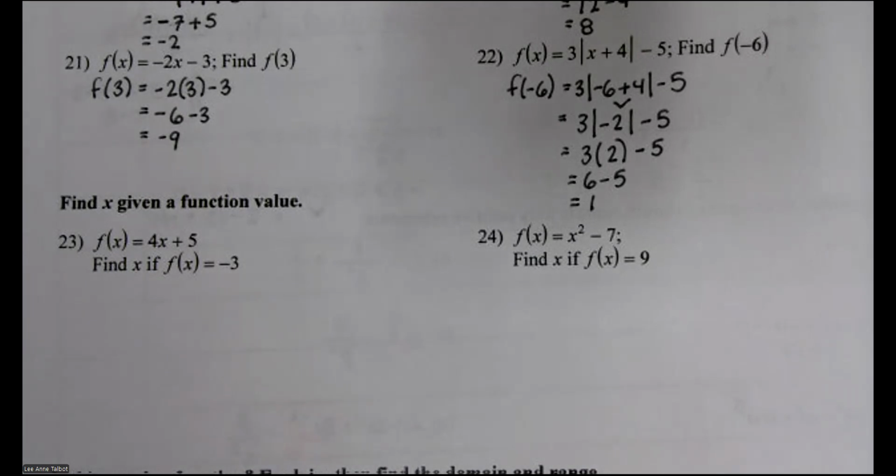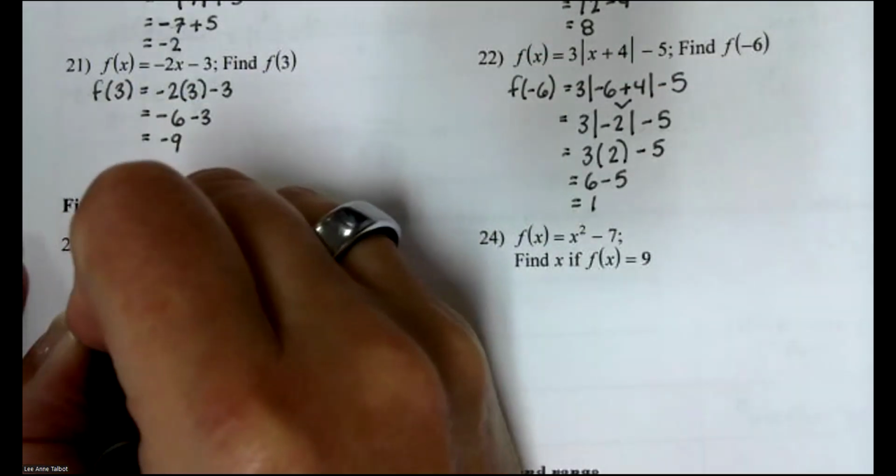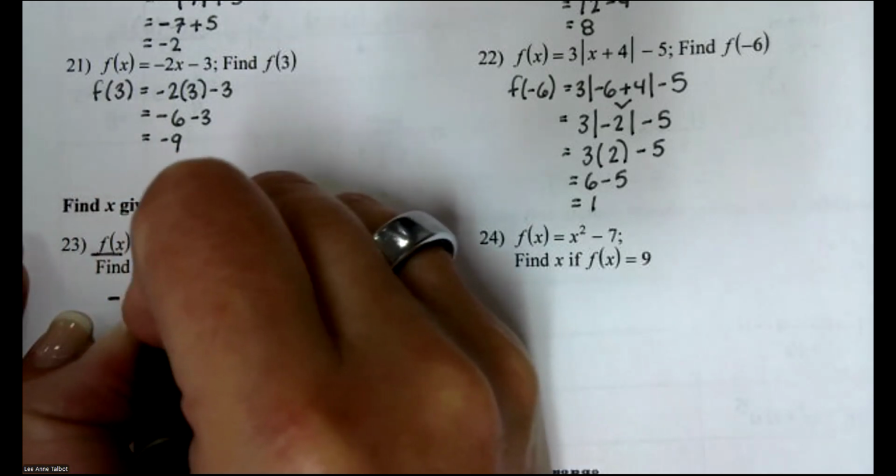Okay, backward function machines. These are the ones where you set it equal. So negative 3 equals 4x plus 5.